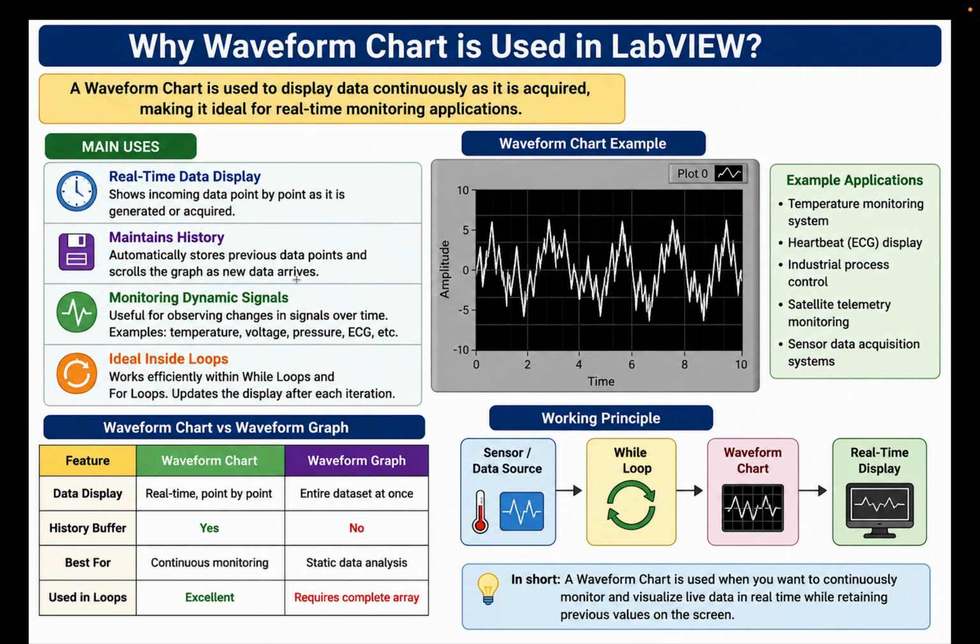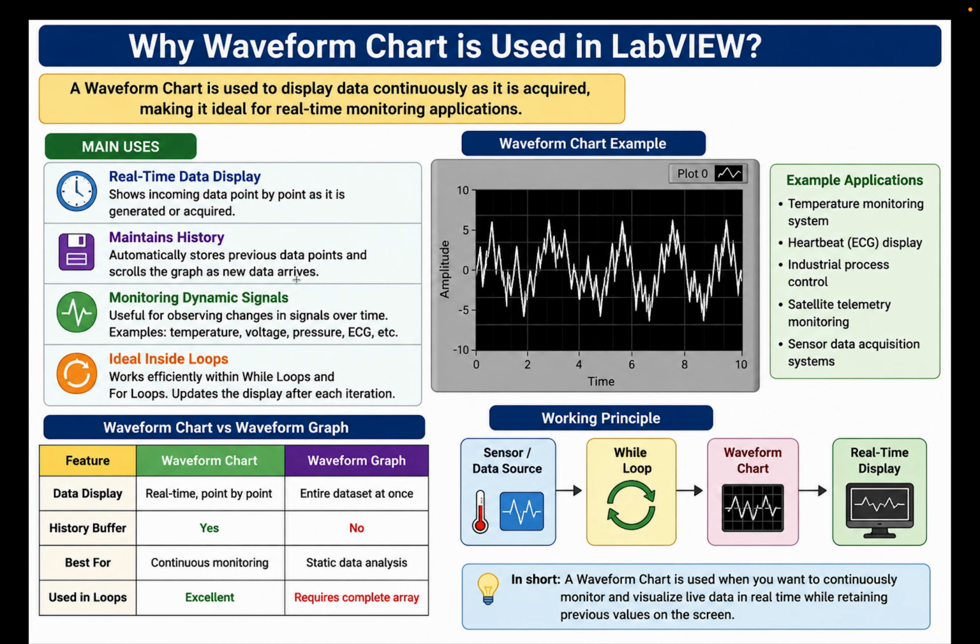Instantaneously, as the data is produced, we can display the data, or once we finally get the complete output, we display the data. So if instantaneous data has to be displayed, then we'll be using the waveform chart, and it is used mostly in real-time display, and it maintains the history.